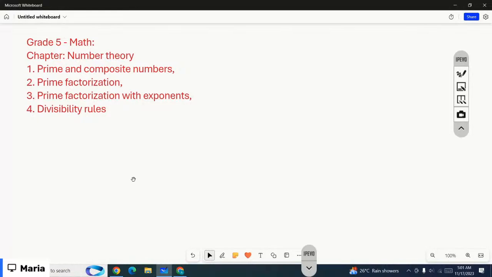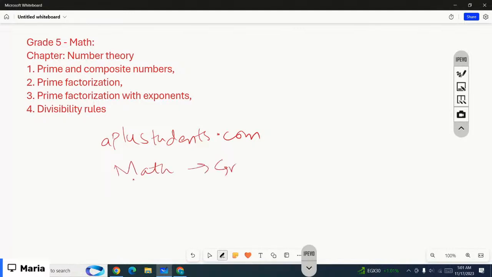We are here for grade 5 math. You can find all the lessons on aplusstudents.com. You have to log in there using your email address and password provided by the administrator. Then select math from the subject tab, scroll down to grade 5 and click on view all lessons.